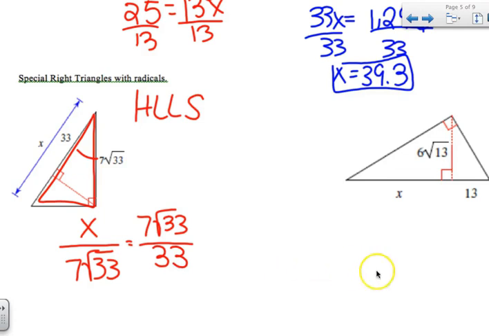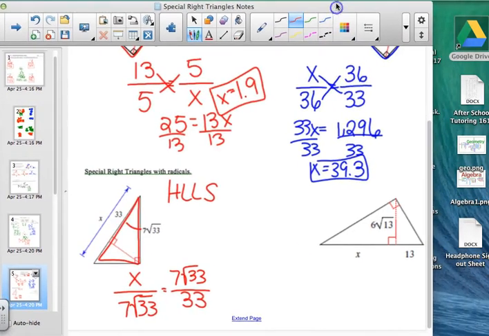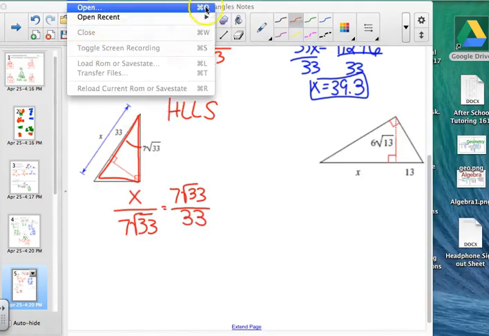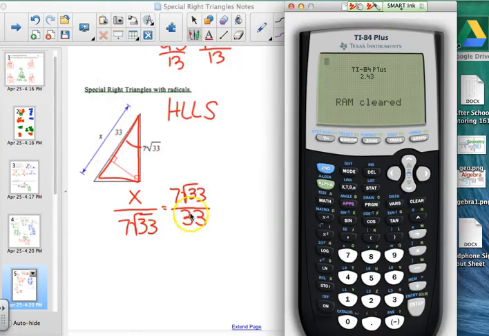Now, we learned that if you multiply a square root by itself, you just get that number. So that's true. So if I multiply square root of 33 times square root of 33, I'm going to get the same thing. So let me show you what happens in the calculator. So I want to cross multiply these two terms.